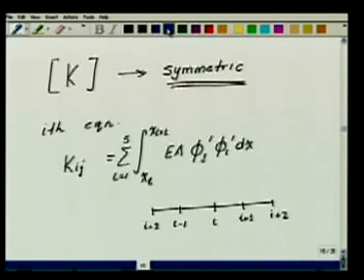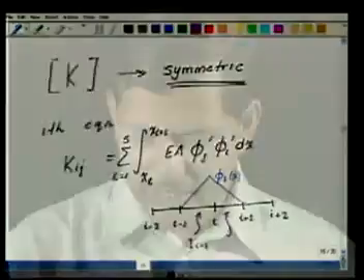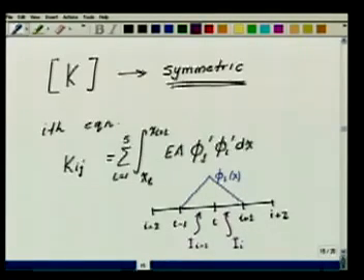Phi I is non-zero in only the element I minus 1 and element I. So phi I is non-zero only in these two elements.